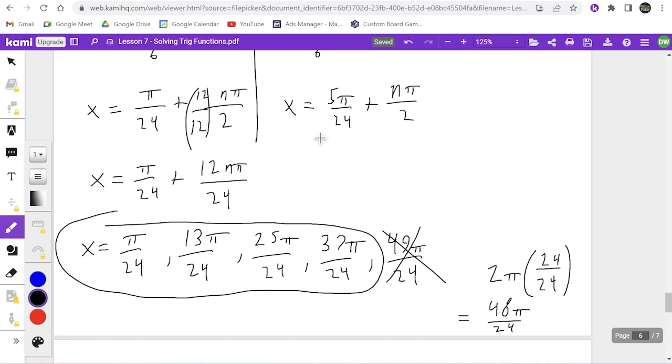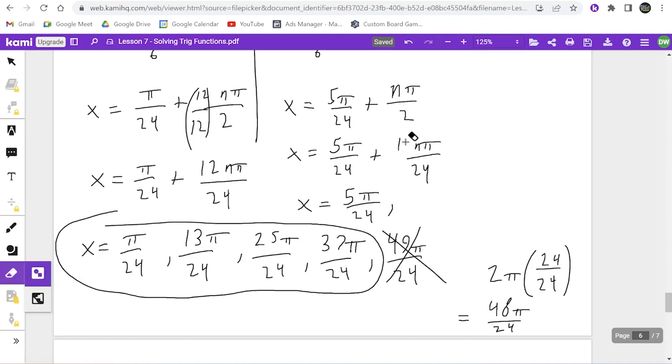And now I have to do the same thing with quadrant 2. Oh boy. So x is going to be, the good news is it's the same idea. It's 5 pi over 24 plus 12n pi over 24. So now when I write out these solutions, the first one is 5 pi over 24. And then you just keep adding 12 each time. I'm sorry, I said 13 earlier. That's my bad. That's supposed to be a 12.